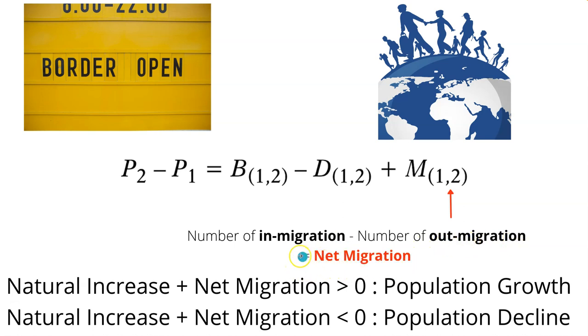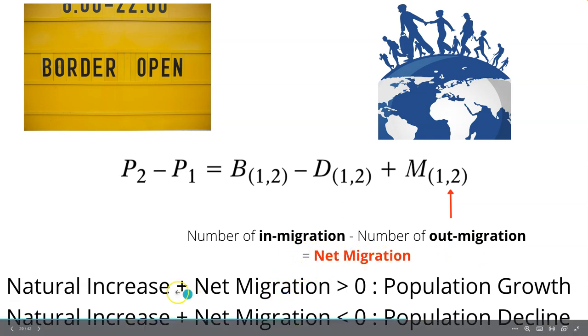So if there are more in-migration people compared with out-migration, there will be a positive net migration. For example, if there were 100 in-migration and 50 out-migration, the net migration is 50.